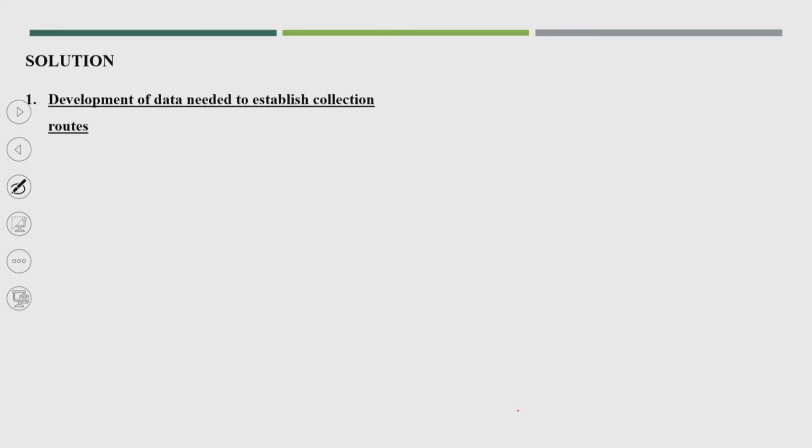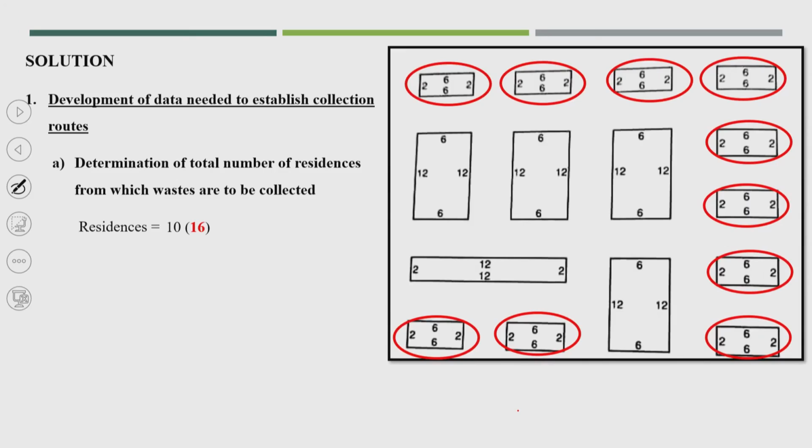First, development of the data needed to establish the collection route. The first is determination of the total number of residences from which waste is to be collected. So, first we will see the residences.